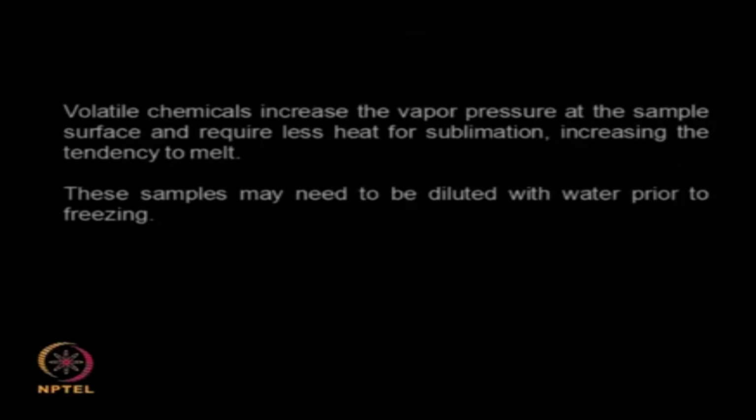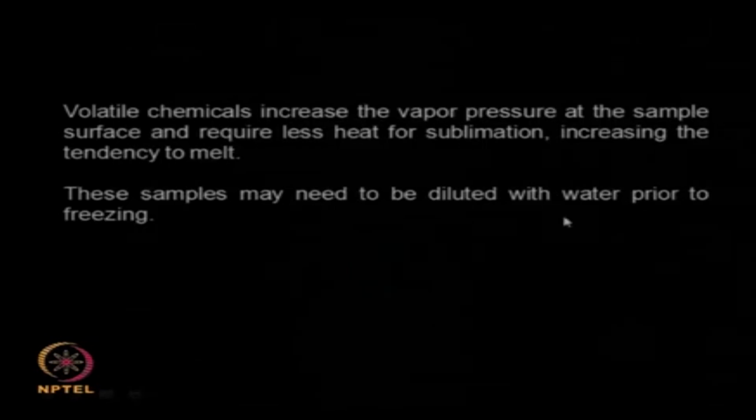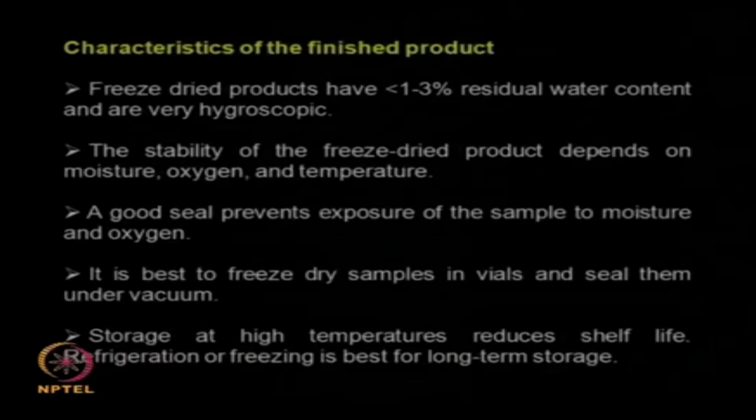If it forms a frozen solid, then it becomes easy for you to convert it into vapor by applying heat, but if it is forming a melt, then it is not good. So we need to dilute it with water prior to freezing. So by having more water, we can form solid ice, that is much better. So volatile chemicals always lead to problems in lyophilization.